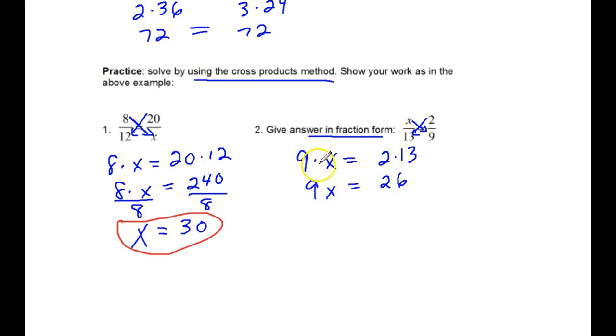Notice I left out the dot here between the 9 and the x. You'll see that happening. 9x means 9 times x. Anytime there's a number and a variable with nothing between them, it always means multiply.